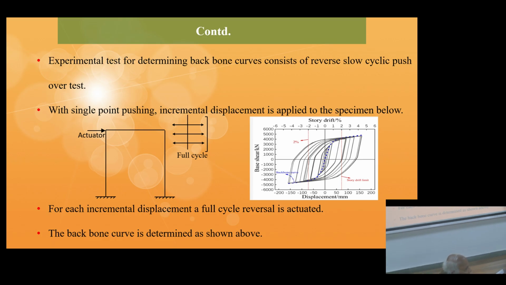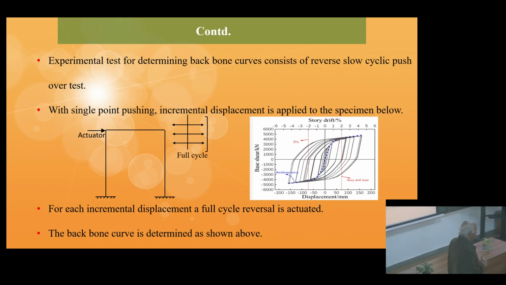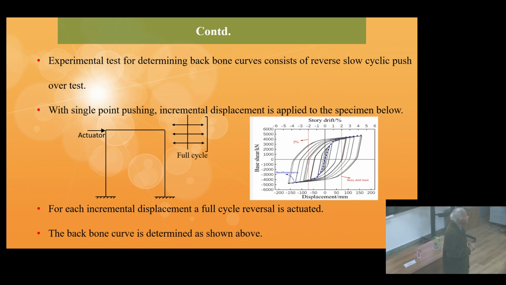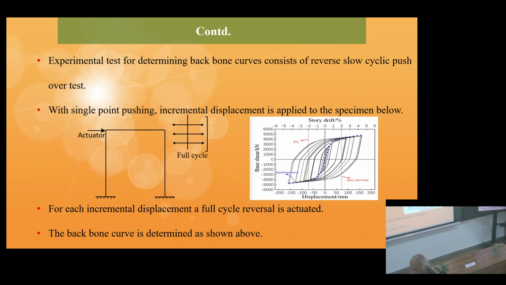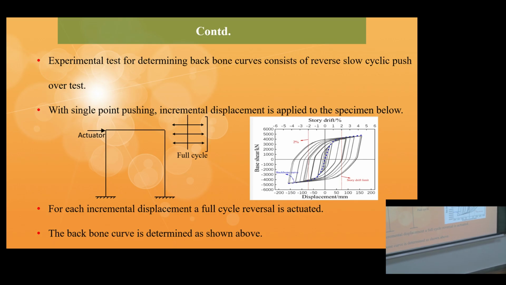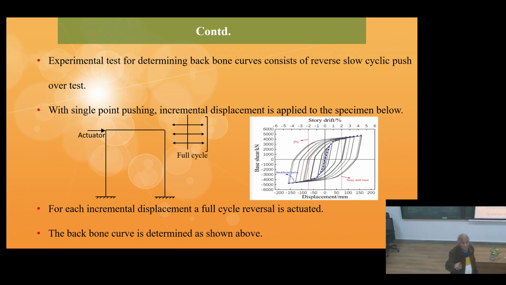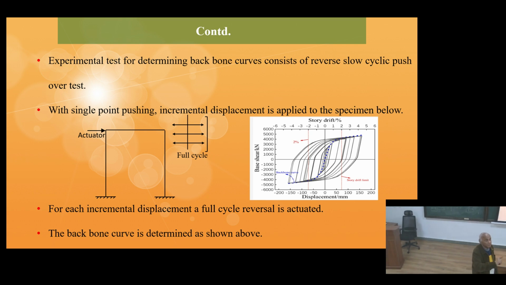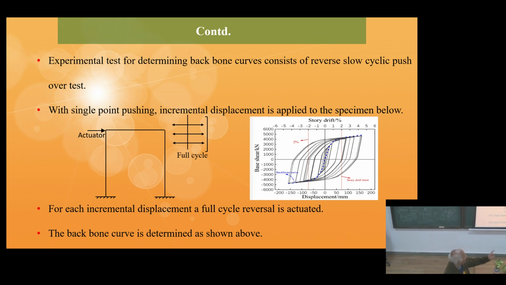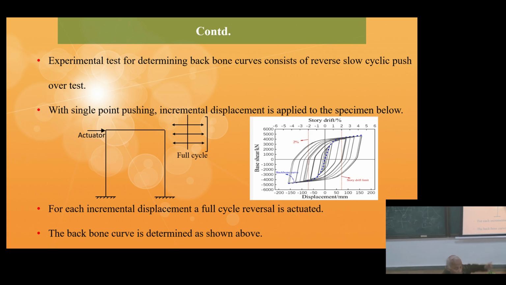So this experimental backbone curve is taken for that particular specimen, and if I want to do a pushover analysis, then in place of an elastoplastic one or a default curve, I'll give that dotted line.